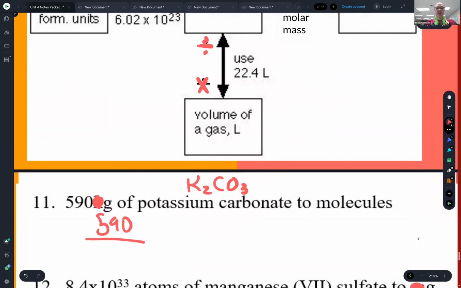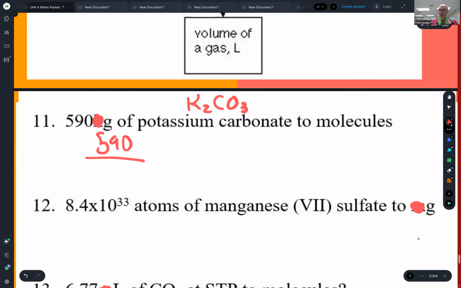Let's divide by the weight of potassium carbonate. I'm going to go on to the periodic table, and I'm going to get my weight. Potassium weighs 39.1. There's 2 of those. Carbon weighs 12.01. There's only 1 of those. And then there are 3 of the oxygens, 15.9994.